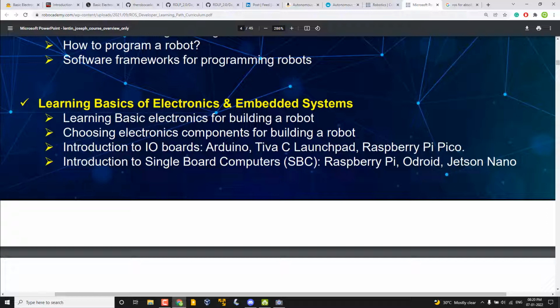So in order to work with electronics, obviously we need to know some electronics and electrical circuits. I'm planning to discuss the basic electronics first, then some of the main components. Then tomorrow we can discuss the IO boards or single board computers that we can use for robots. So that is the plan.